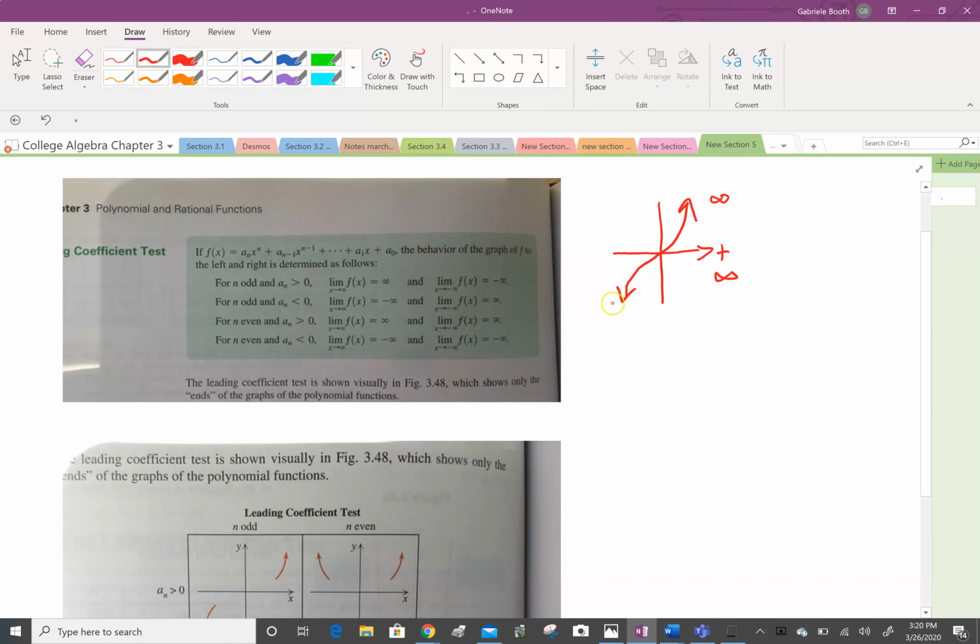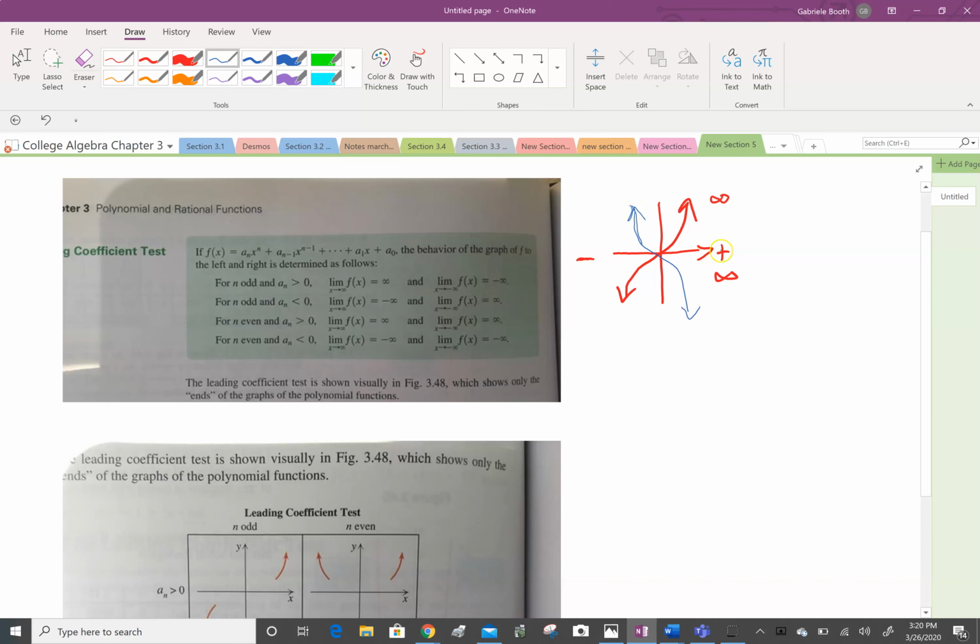Now, if we're going towards negative, if x is at negative infinity on the left-hand side, you see that your y value is also going down, and therefore negative infinity. If n is odd, if the degree is odd and the leading coefficient is smaller than 0, meaning negative, then the graph more or less would be reflected like so.